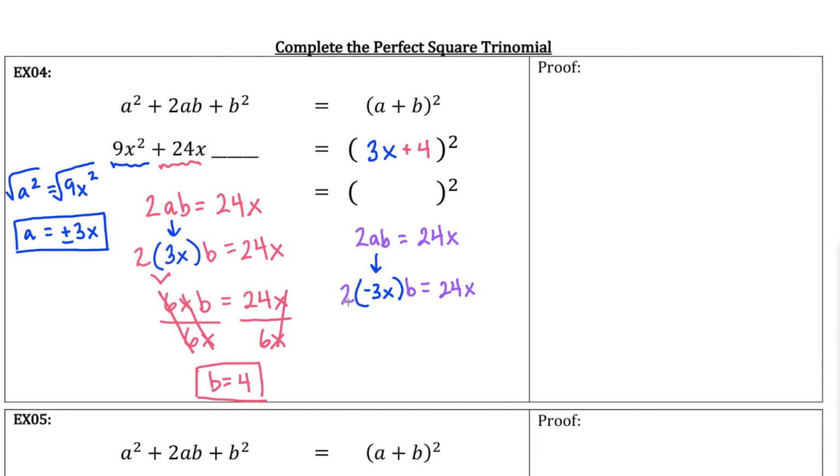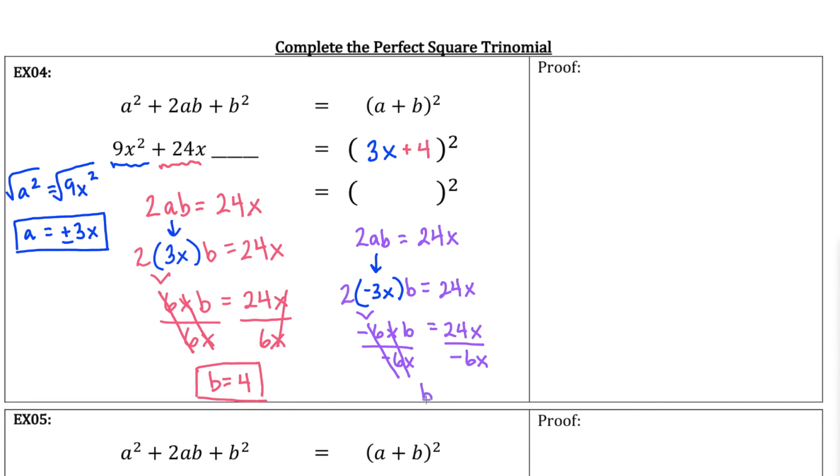Cool. So when I multiply here, I get a negative 6x b equals 24x. And then I will divide by negative 6x. And so the negative 6 becomes a 1. I forgot, I got to divide it over here.